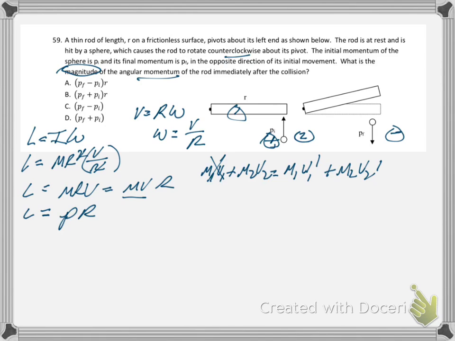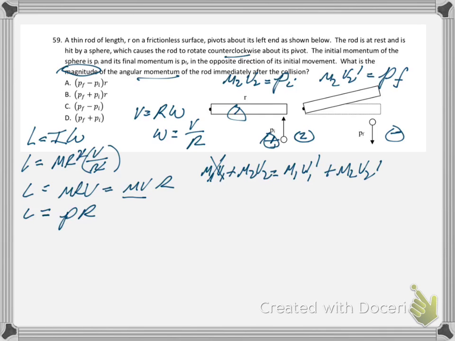And we can then solve for the final momentum of 2 by saying mass 2, v2 is equal to the initial momentum of the sphere, and mass 2, v2 prime is equal to the final momentum of the sphere.